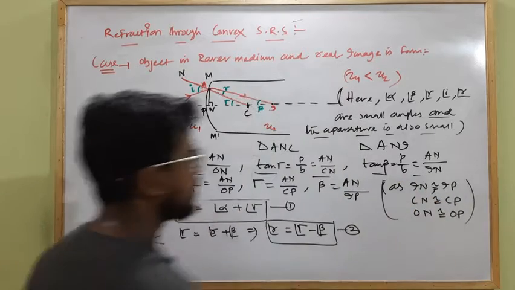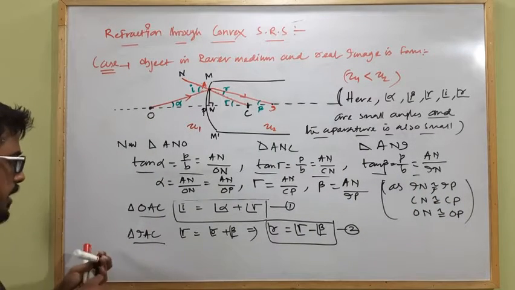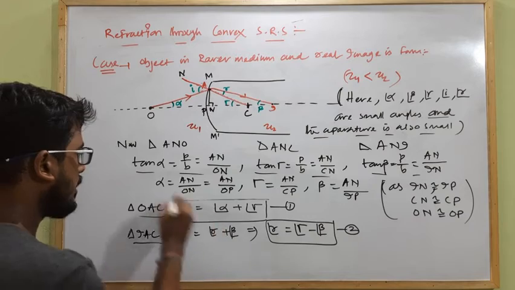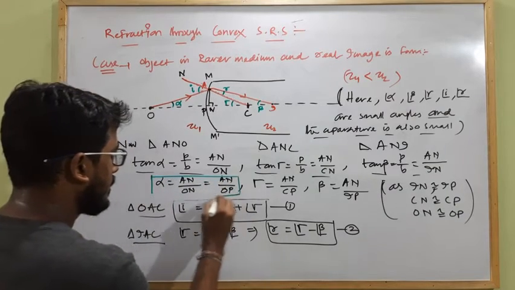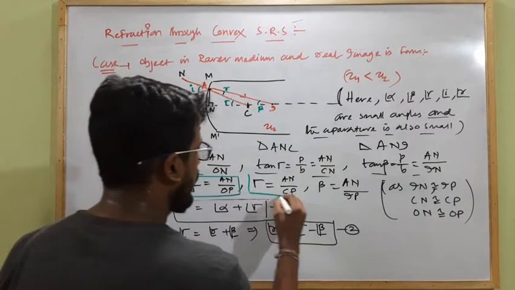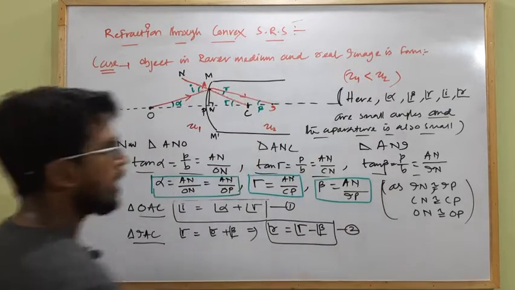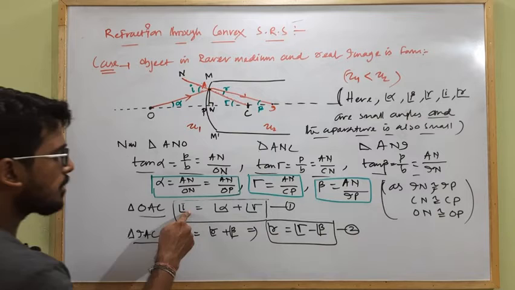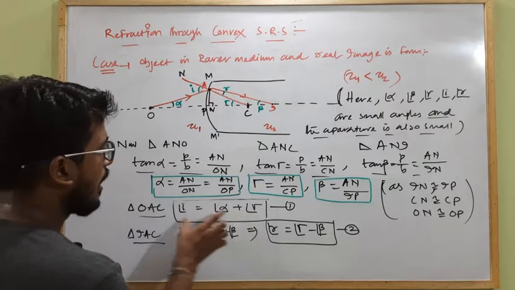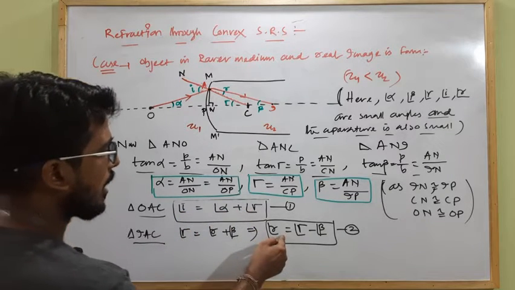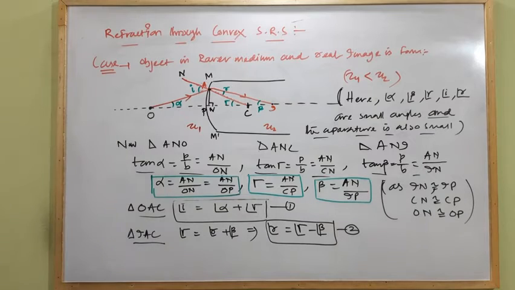Clear? This is the condition. Okay, so from this we will get alpha equal to AN by OP. This is the value. Gamma equal to AN by CP, and beta equal to AN by IP, and this is the expression for I: I equal to alpha plus gamma, R equal to gamma minus beta.